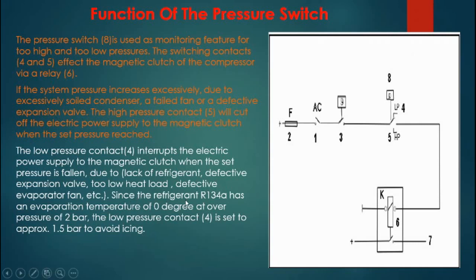The refrigerant R134a, the gas which we fill in our AC system, has an evaporation temperature of 0 degrees at an overpressure of 2 bar. The low pressure contact number 4 is set to approximately 1.5 bar to avoid icing.